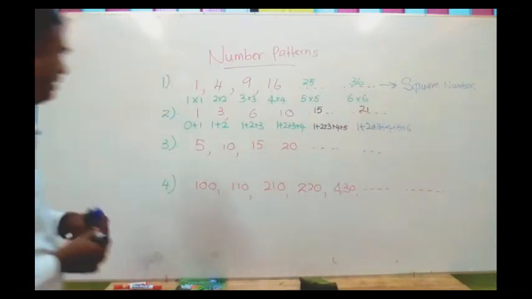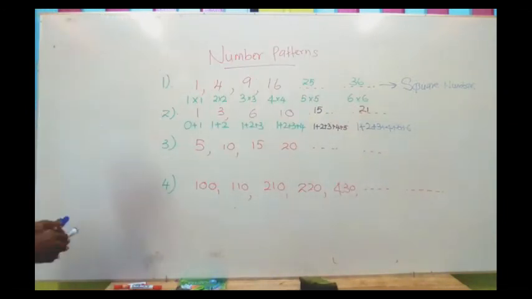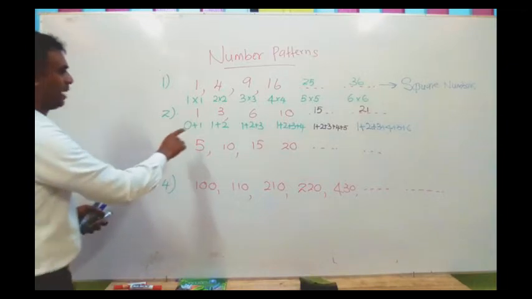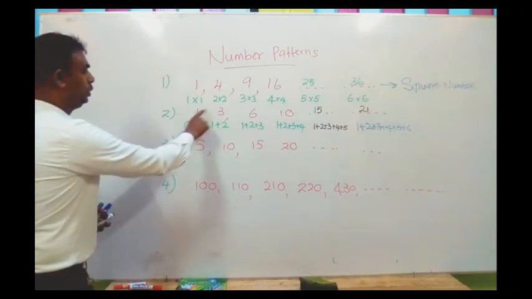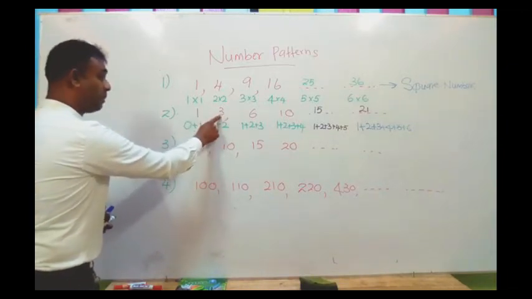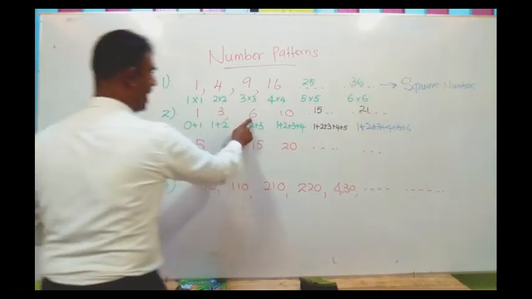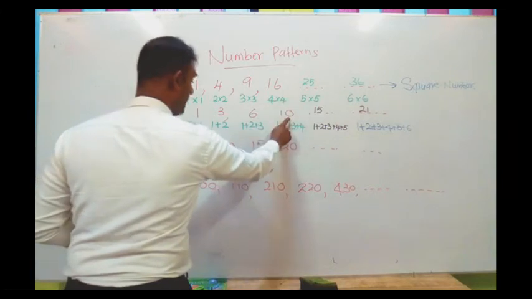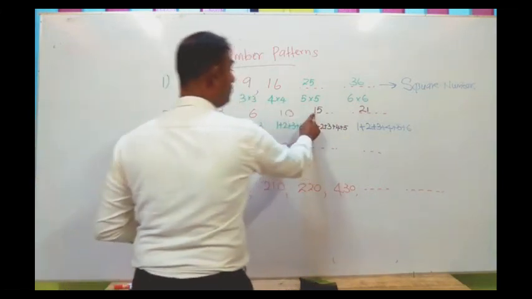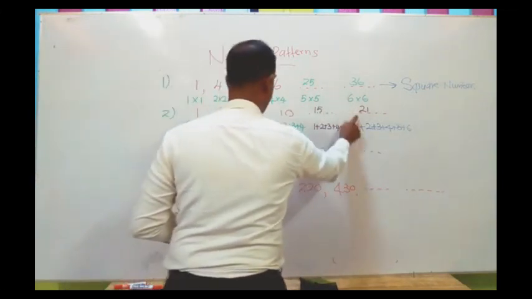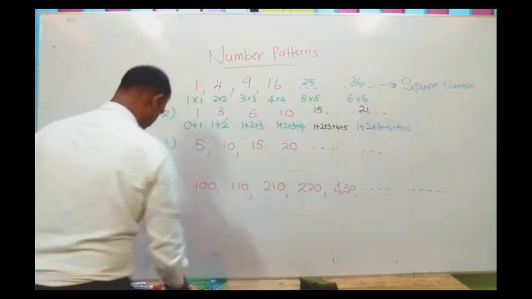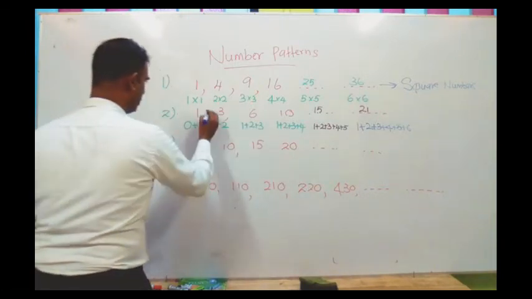We can also easily identify it like this: 1 plus 2 is 3, 3 plus 3 is 6, 6 plus 4 is 10, 10 plus 5 is 15, 15 plus 6 is 21. Always adding like this.